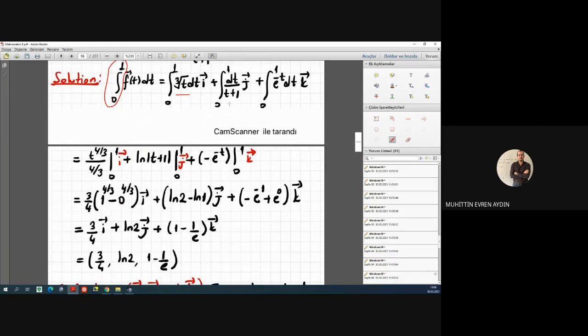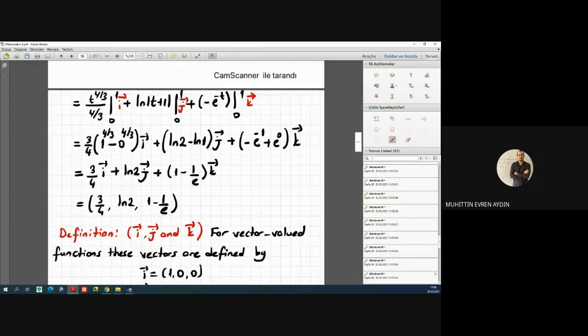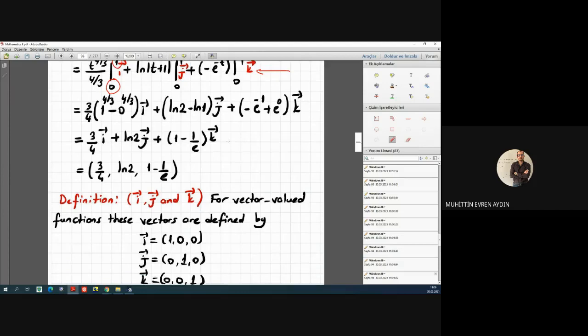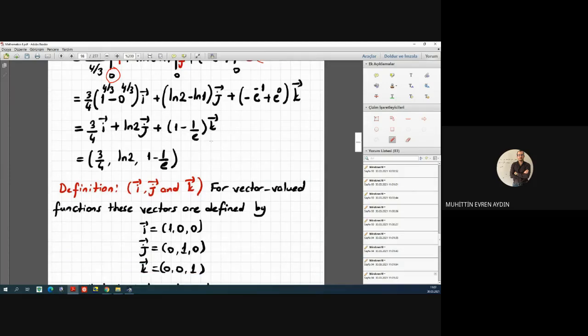As simple integrals, and if you substitute the values 1 and 0 into this line, after some simple calculations, you may obtain this vector.